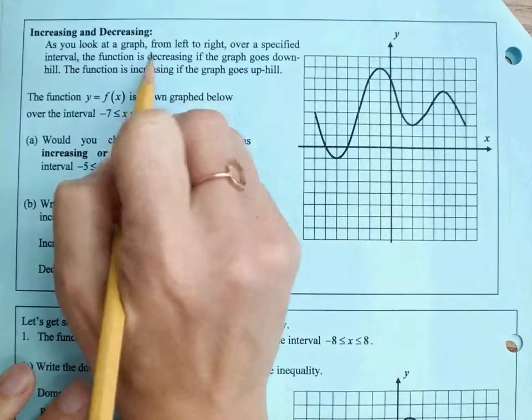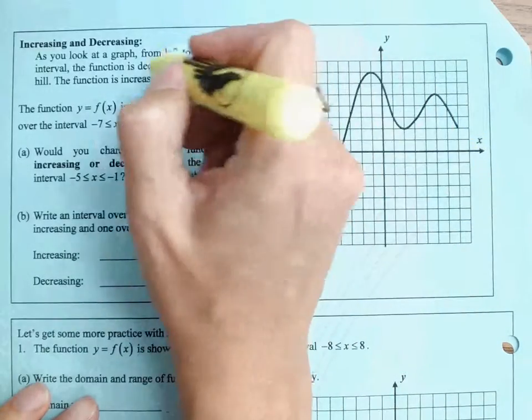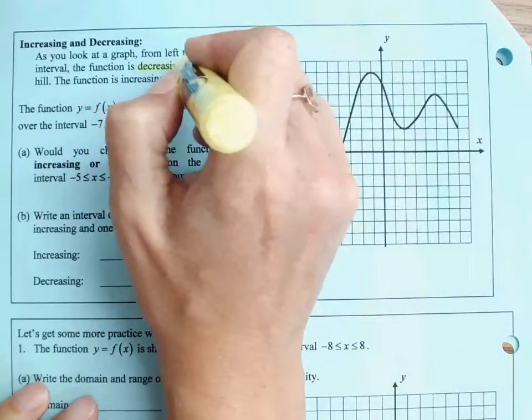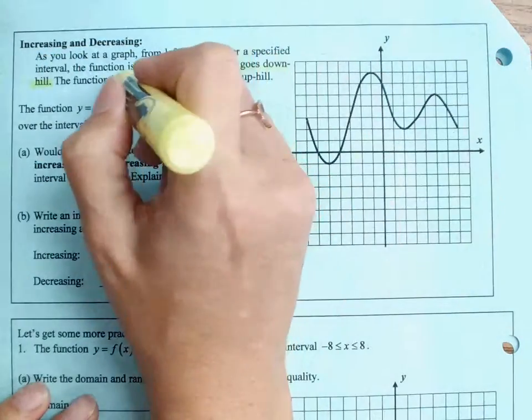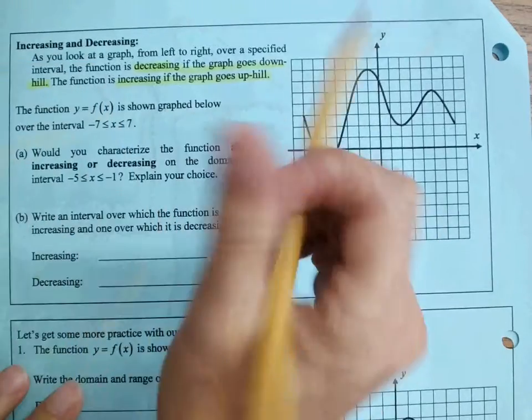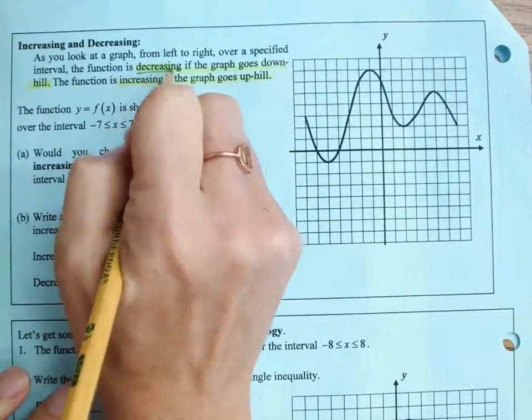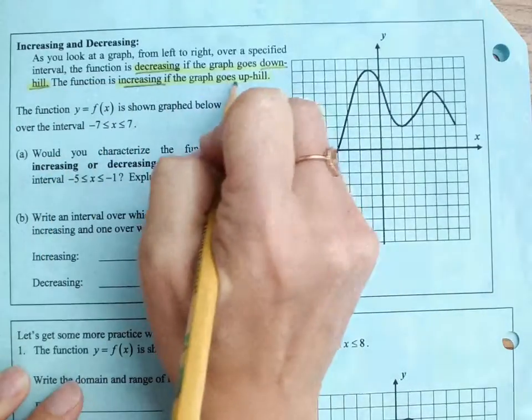This is a keyword. I'm going to highlight this, and if you have a highlighter, go ahead and highlight it. Decreasing if it goes downhill. The function is increasing if it goes uphill. If you need to, you can think of it as a roller coaster. Decreasing if it goes down the hill, increasing if it goes up the hill.